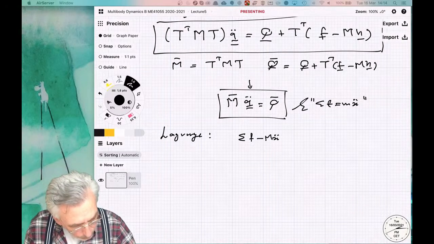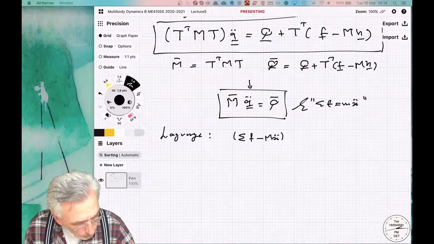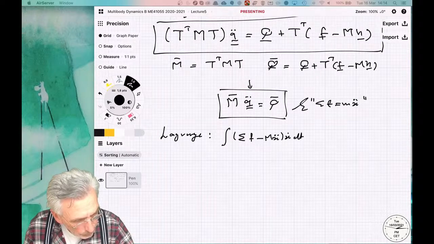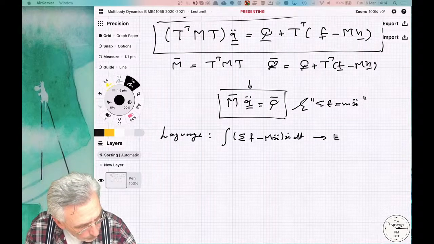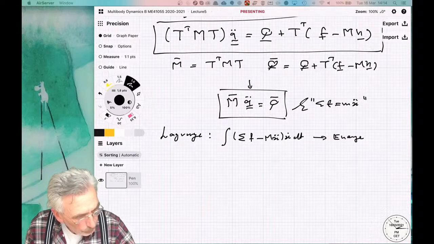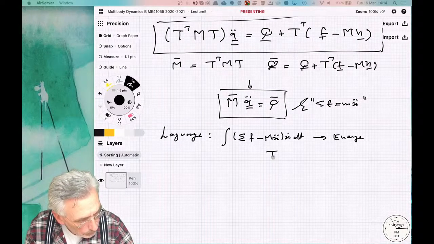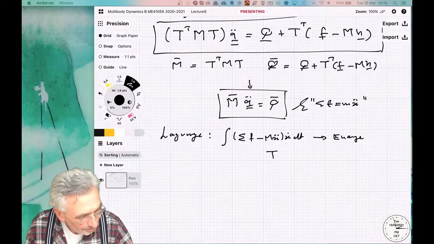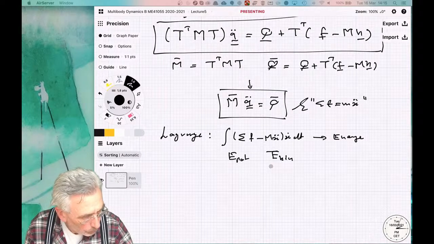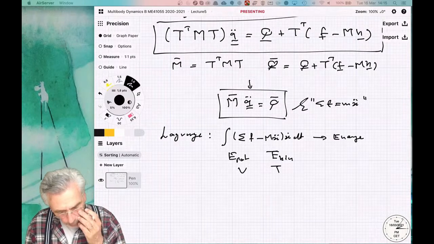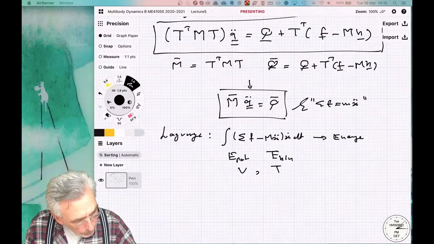We multiplied that with velocity and then with time, and then we integrated. Why? To get energy. What type of energy? Well, we had kinetic energy, E kinetic, and E potential, and we called those T and V. Anyway, that was the way.